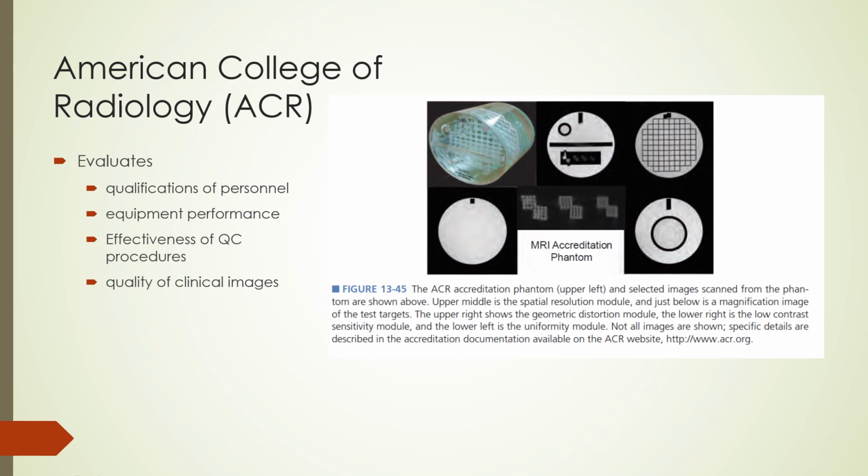The phantom images are acquired using the ACR phantom shown on this slide. The ACR phantom has several objects for testing of geometric accuracy, high contrast spatial resolution, slice thickness accuracy, slice position accuracy, image intensity uniformity, percent signal ghosting, and low contrast object detectability.